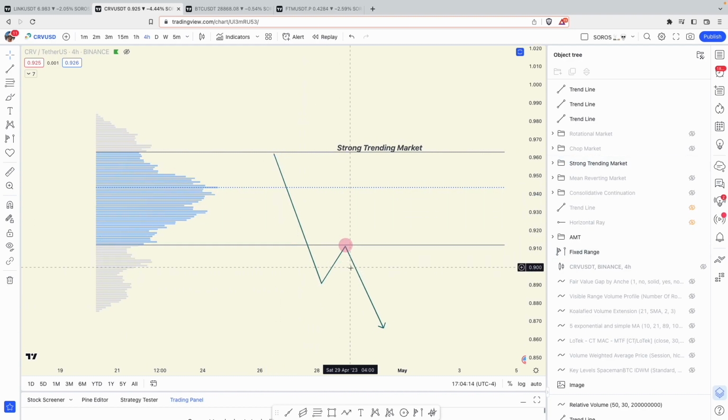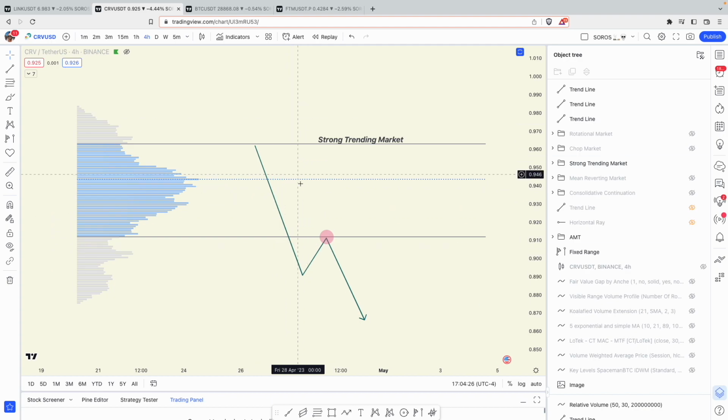What you're waiting for is the back test once things get a little too heavy and oversold and they come back for a corrective retracement. You're waiting to see how within that range it behaves at the floor, the value area low.